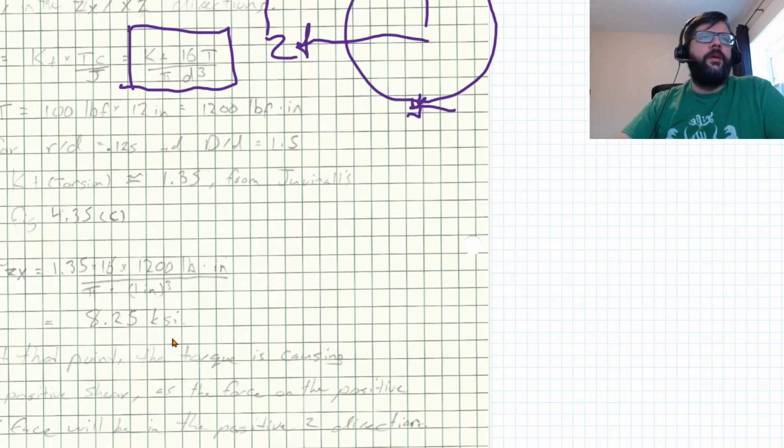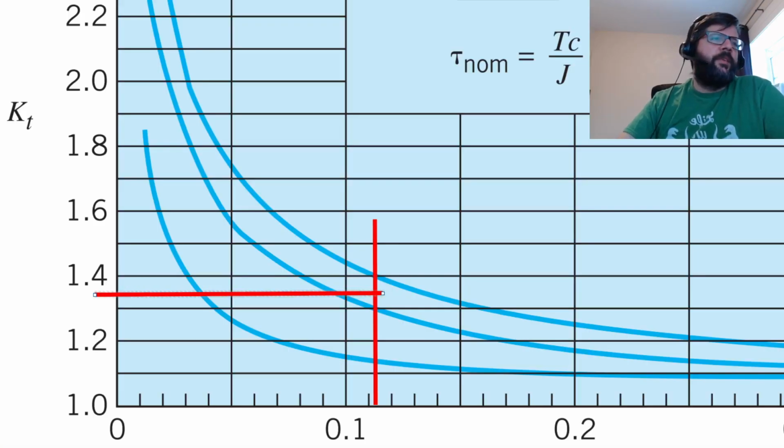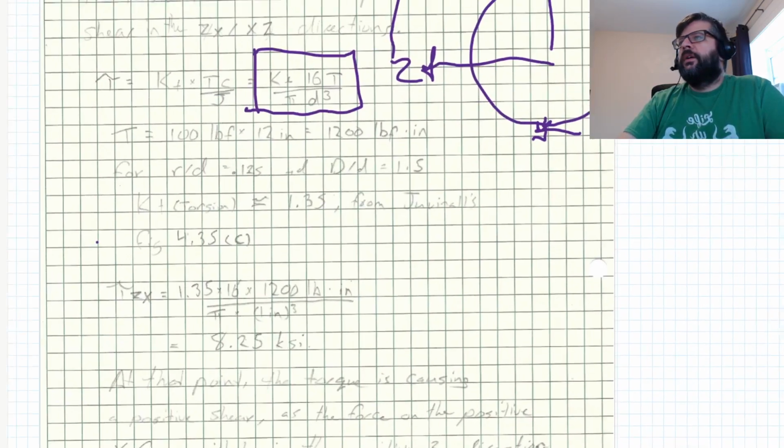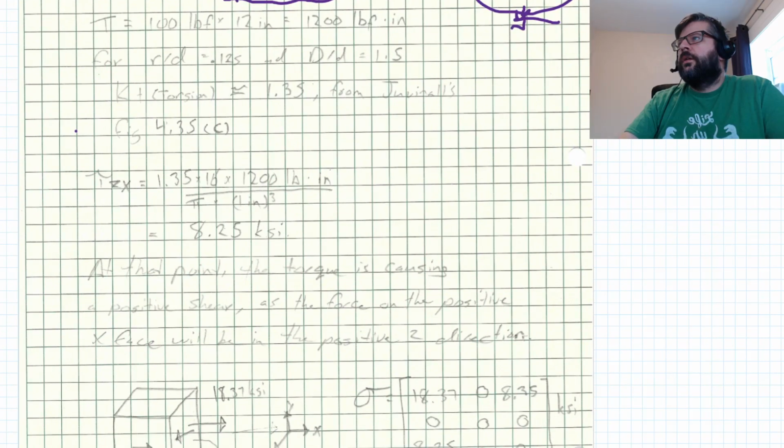So we're going to go with 1.35. Again, we don't know exactly where that line is. I think 1.35 is probably estimating it a bit high, but that's not terrible. So our tau ends up being 1.35 times 16 times the 1,200 pound inches, divided by pi times the 1 inch cubed. So that'll end up being 4.25 KSI.